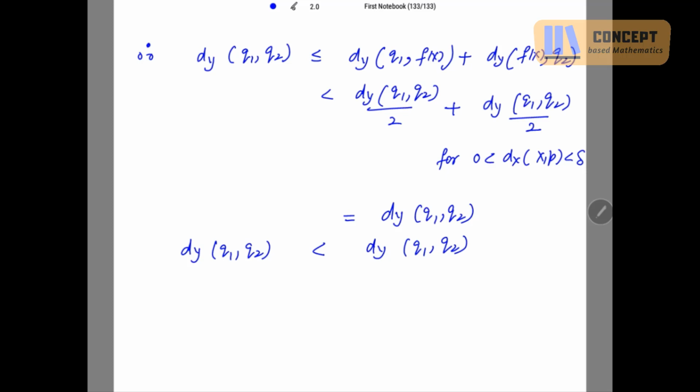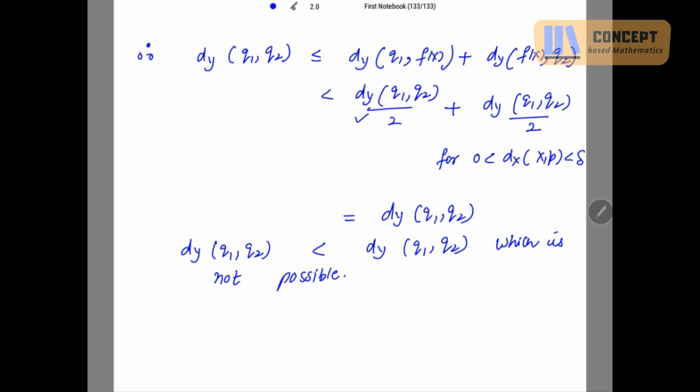Which looks so absurd. So this is not possible. Strictly not possible. That's why I have taken my epsilon to be the distance q1 q2 by 2. Now you got to know why I have taken this epsilon.